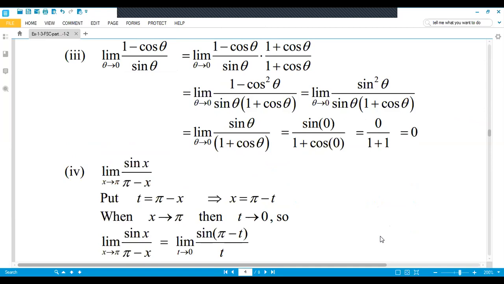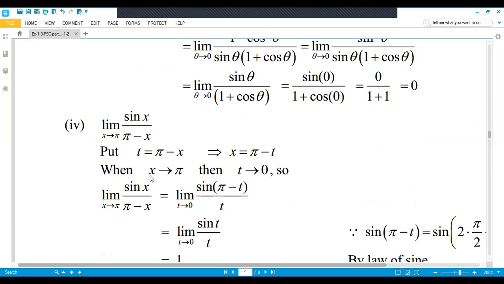Now come to the fourth part: sin x divided by pi minus x. Again, we do a substitution. We suppose pi minus x is equal to t. From this, we find the value of x: x is negative here, shifted to this side it will be positive, and t is positive here, shifted to the other side, negative. Now we also apply the limit.